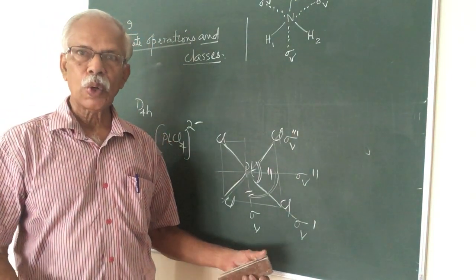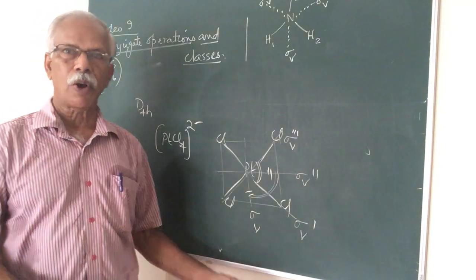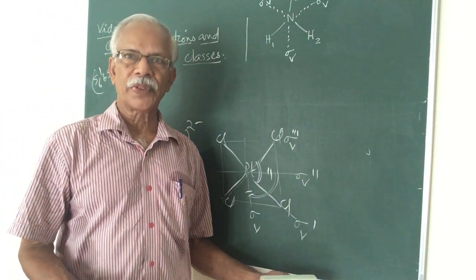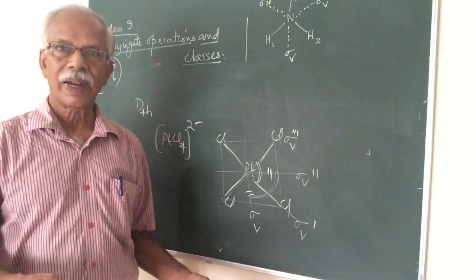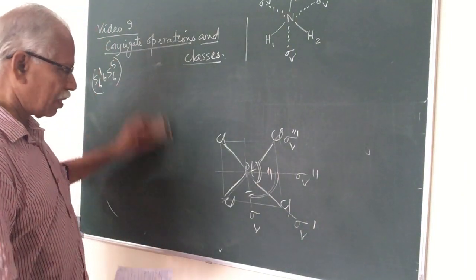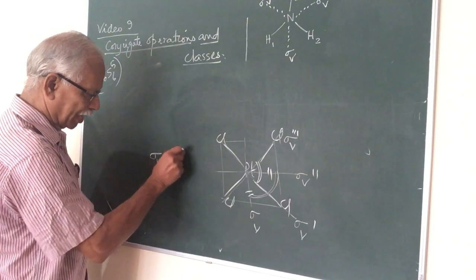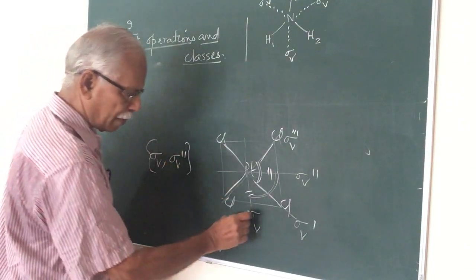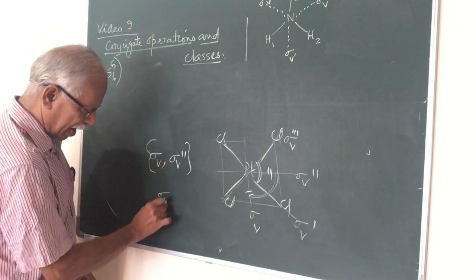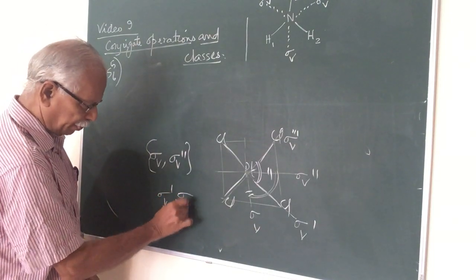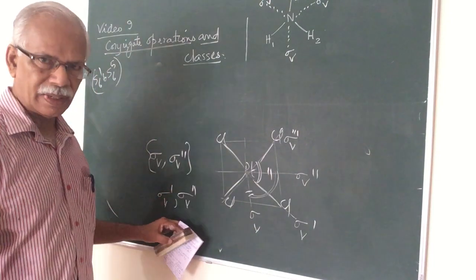Therefore, we have got two sets of equivalent operations of the sigma V type, and hence two classes. This will be one class, and sigma V dash and sigma V3 dash will be another class.